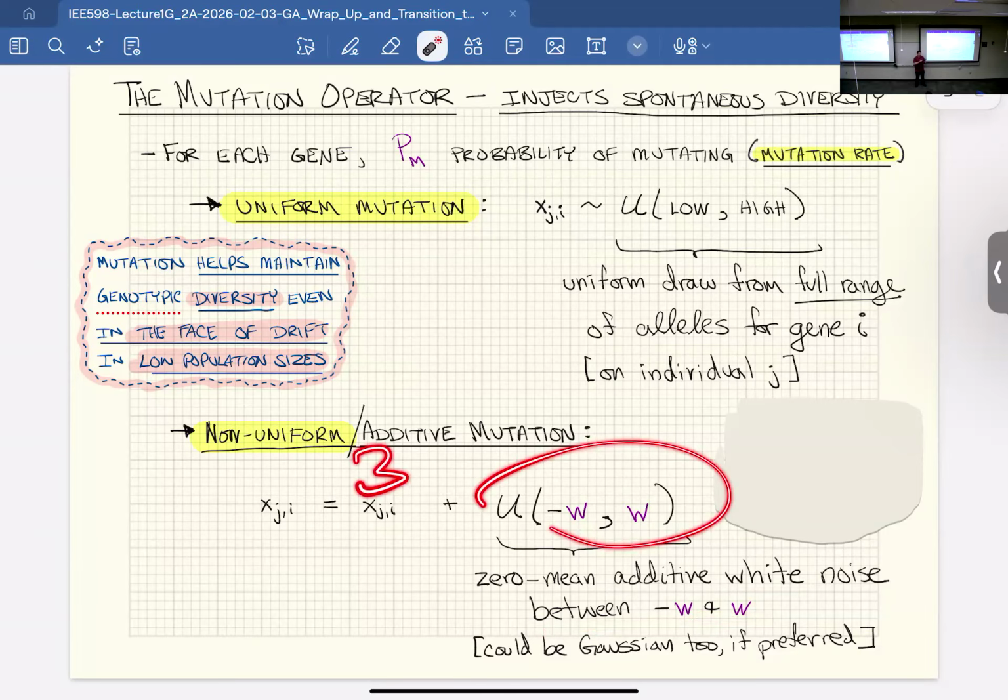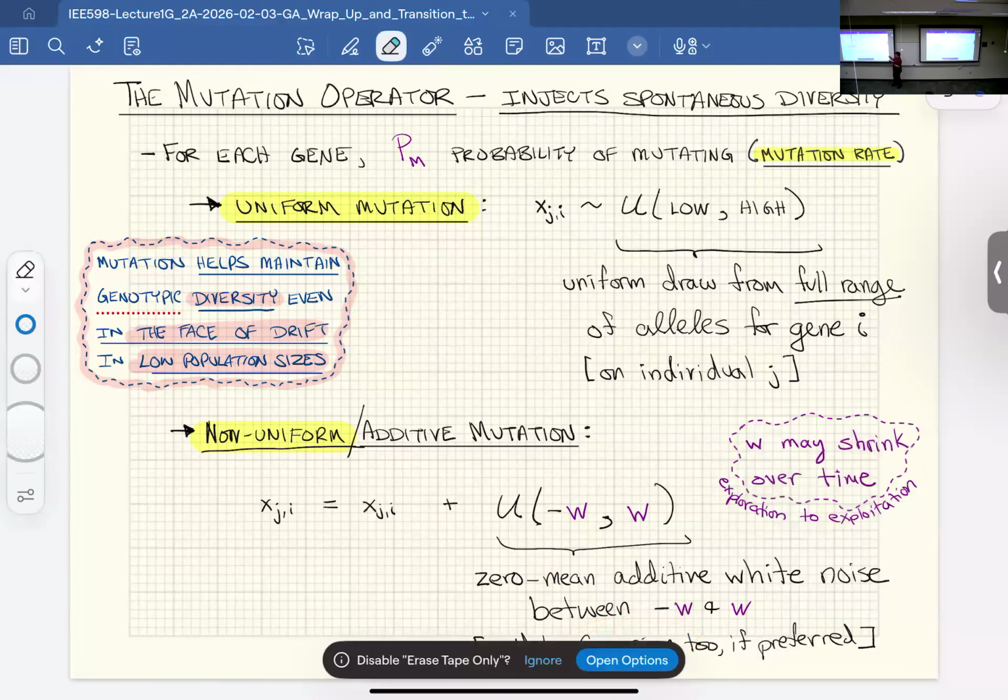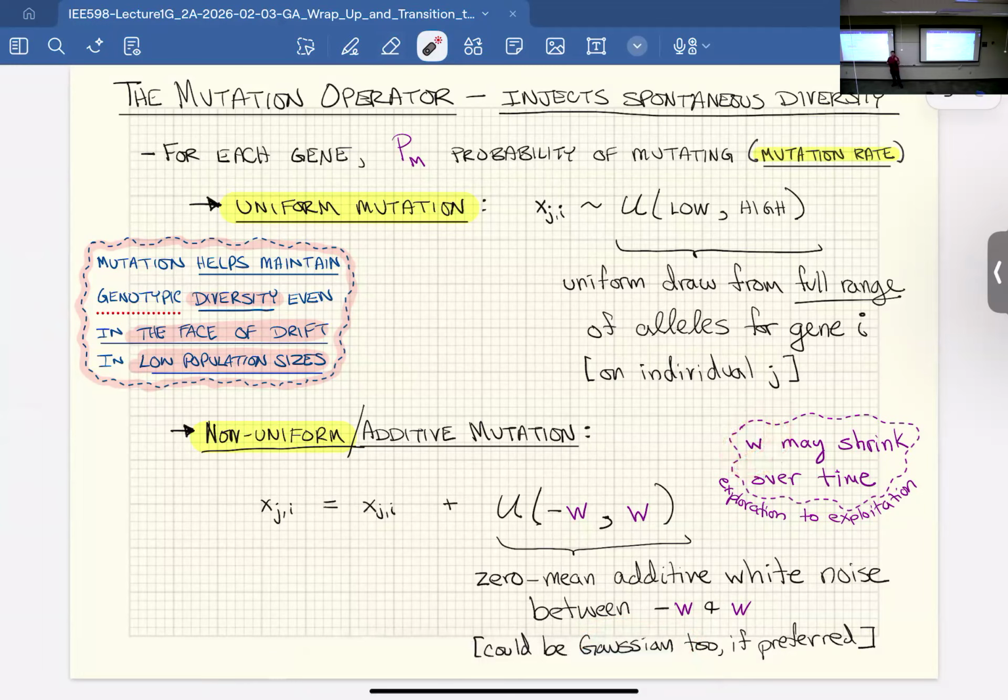If this had 3 wheels, then maybe I perturb it by 1, so it could go down to 2 or up to 4. Like I said, I can also use a Gaussian, and I also can change W over time. Early on, W could be a hyperparameter, which is the initial W, but then there's a schedule of how it decays toward the end. So you might say, I'm going to run 100 generations.